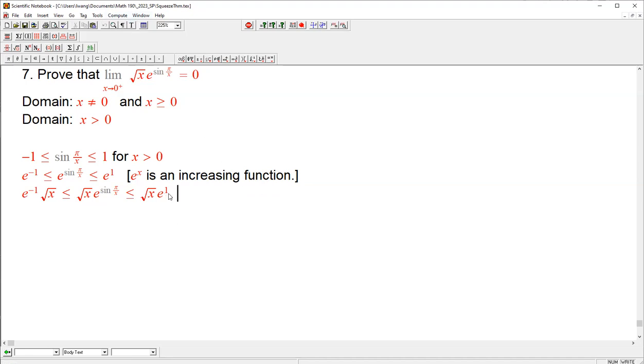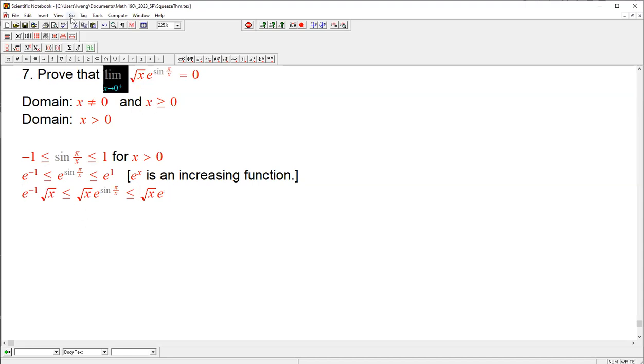And e to the power 1, we can keep as e, and e to the power -1, we can leave like that, or write 1 over e. Now we found the function is squeezed in between these two.